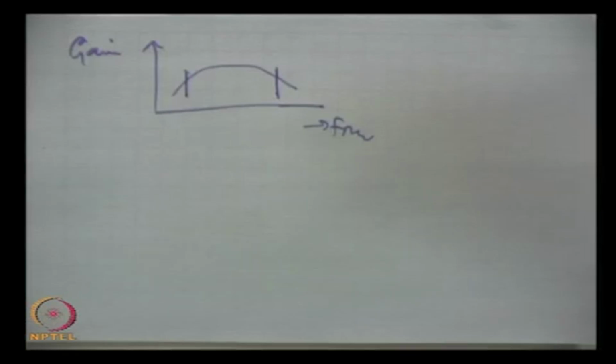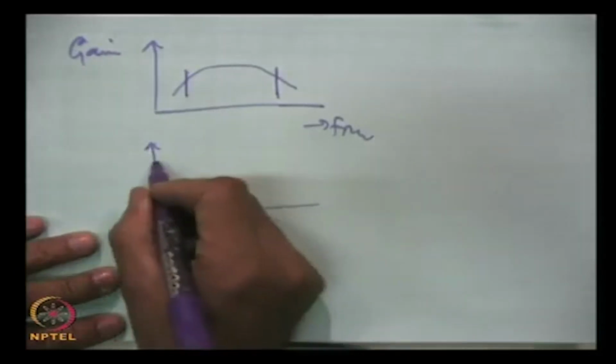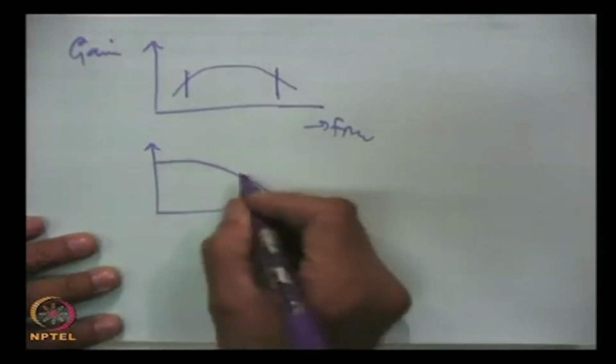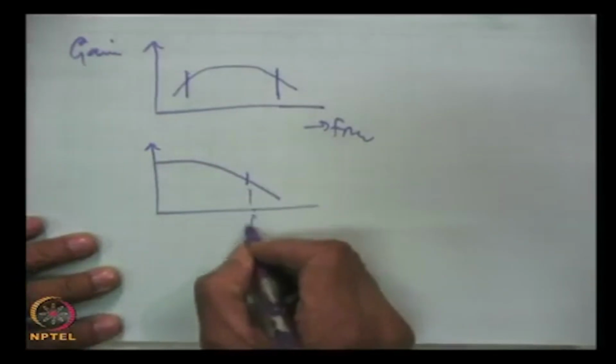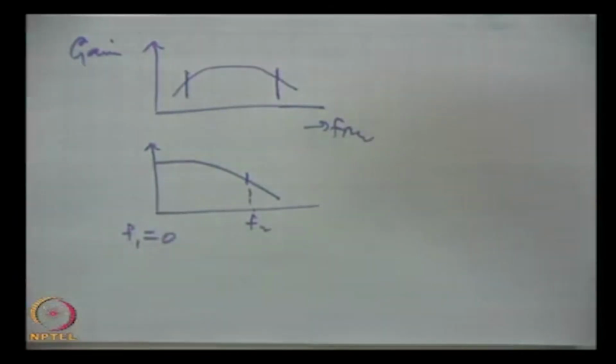In direct coupling there is no limit on the lower cutoff, and hence the frequency response of the direct coupled amplifier is like this, where the upper cutoff of course will be here, but the lower cutoff is 0. This is the gain. And the special case of direct coupling we talked about is the Darlington pair, which is a direct coupled two stage transistor and which is sold as a unit.